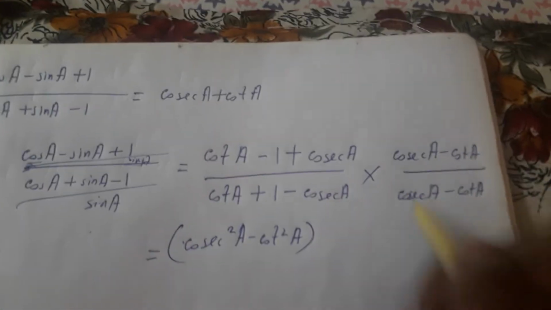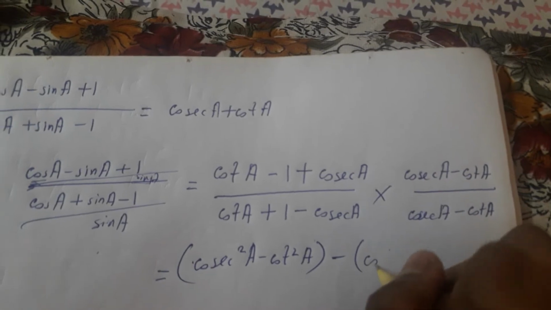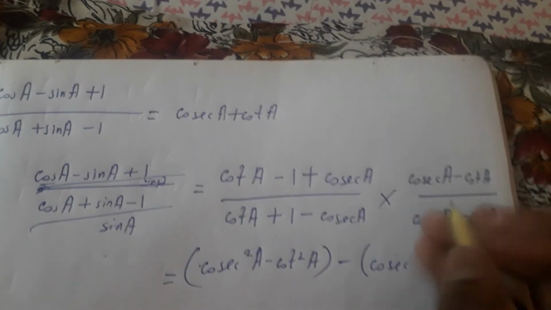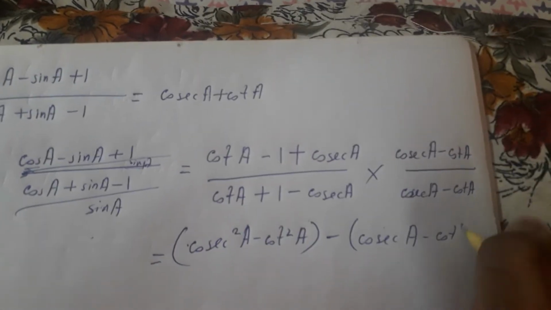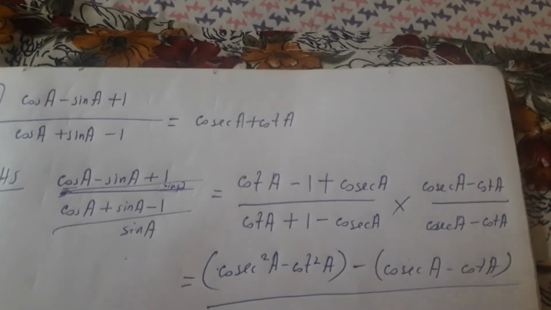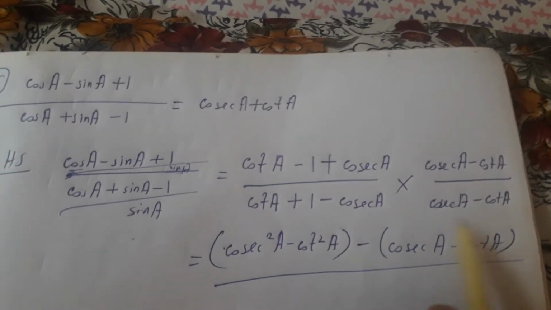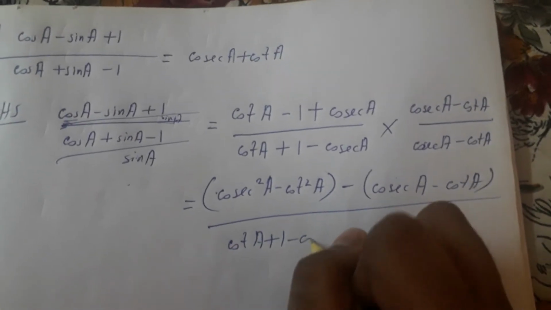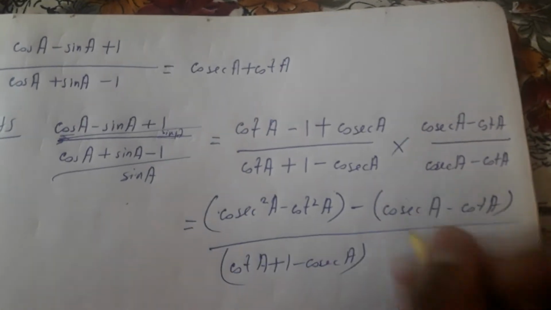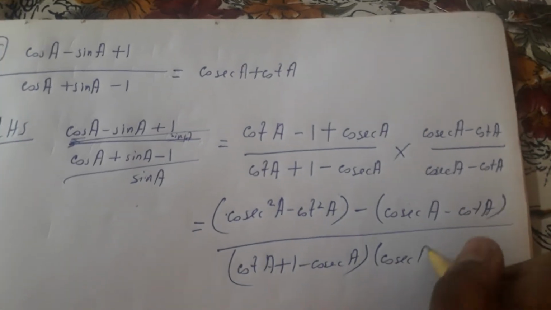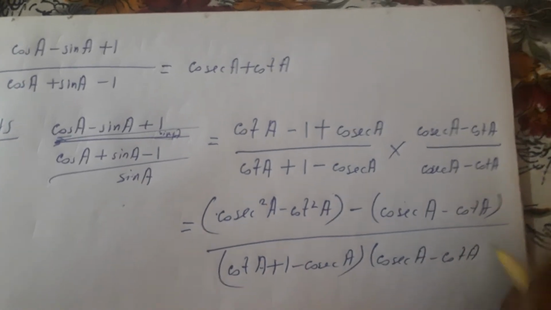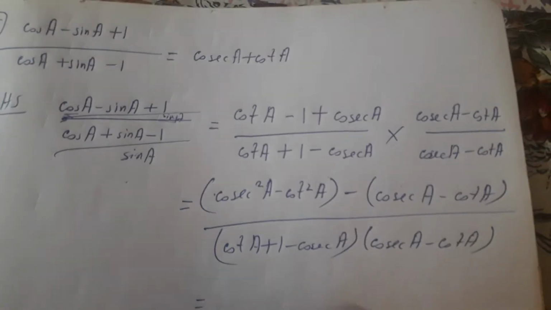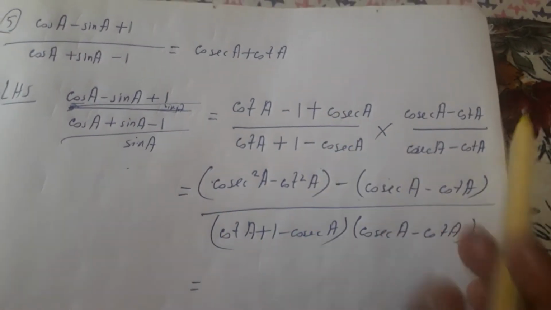Now see minus is given, so write minus into cosec A minus cot A, divided by, here in the denominator part no need to multiply, you have to multiply only in the numerator.